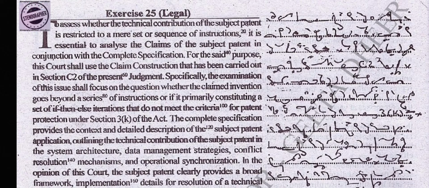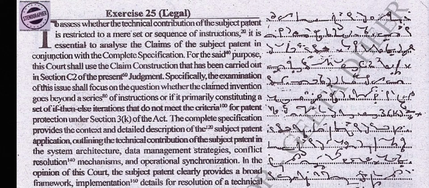To assess whether the technical contribution of the subject patent is restricted to a mere set or sequence of instructions, it is essential to analyze the claims of the subject patent in conjunction with the complete specification. For the said purpose, this court shall use the claim construction that has been carried out in section C2 of the present judgment.